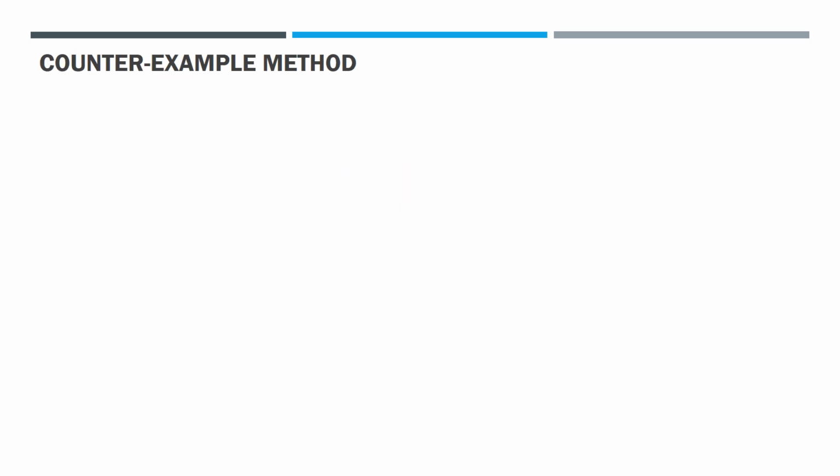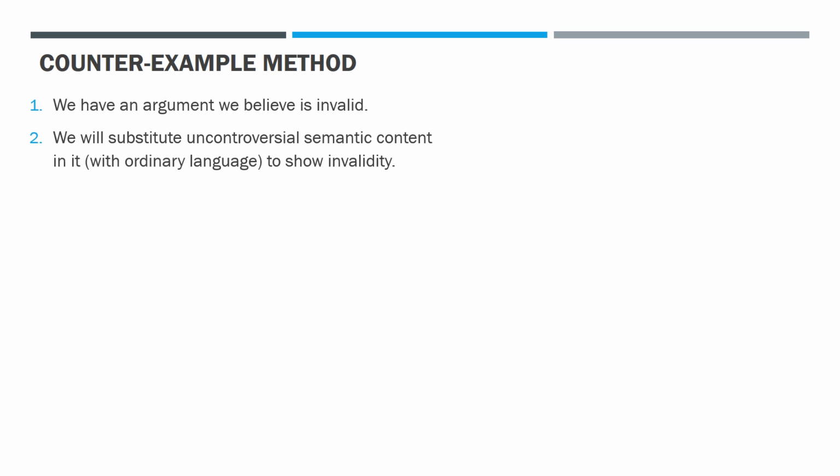One way to show invalidity is through the counterexample method. So first off, we have an argument we believe is invalid, and so, secondly, we will substitute uncontroversial semantic content in it with ordinary language to show invalidity. That is, first, we will substitute semantic content in such a way to have true premises, and we will substitute semantic content in such a way to have a false conclusion.